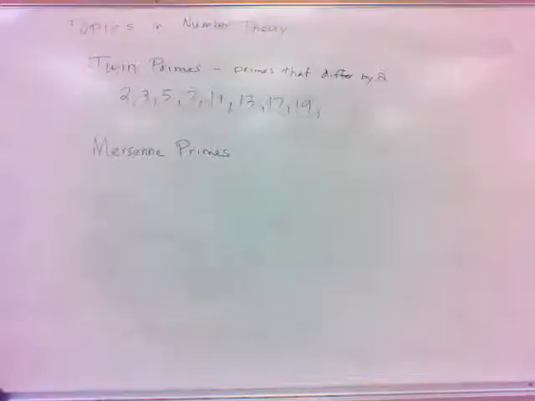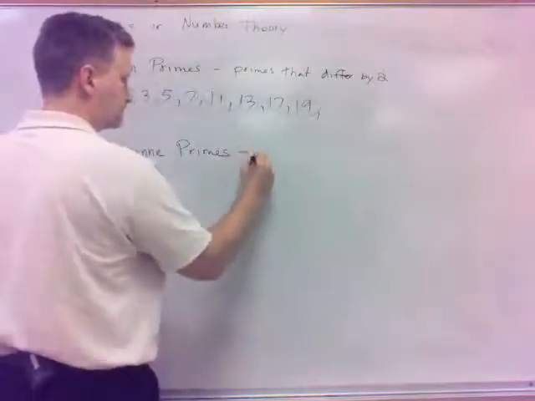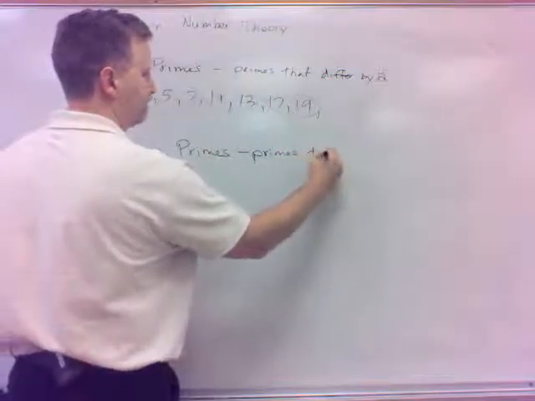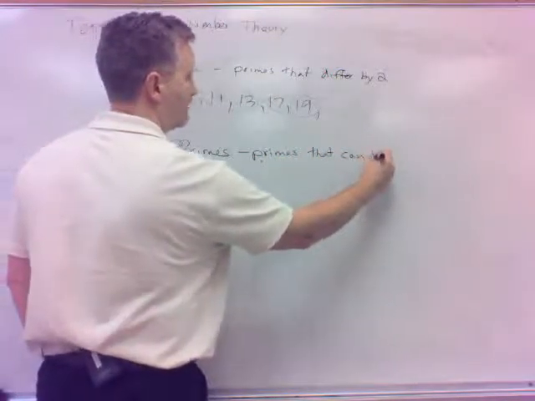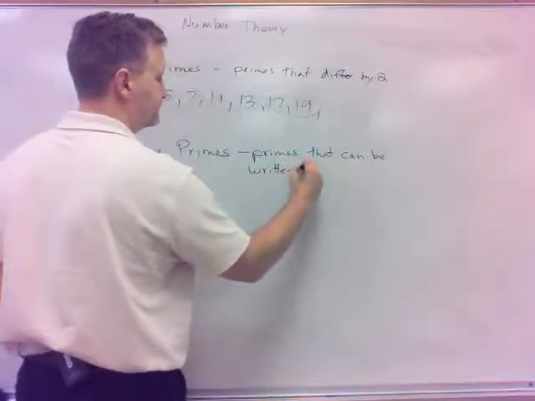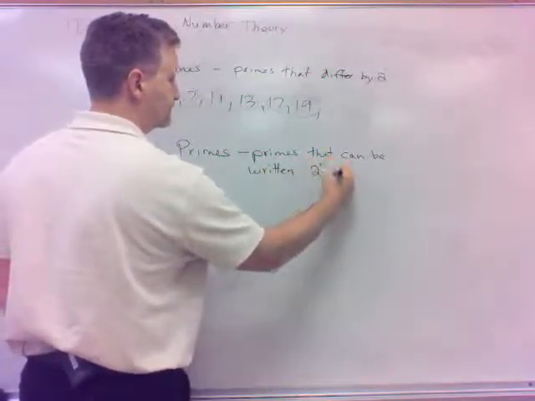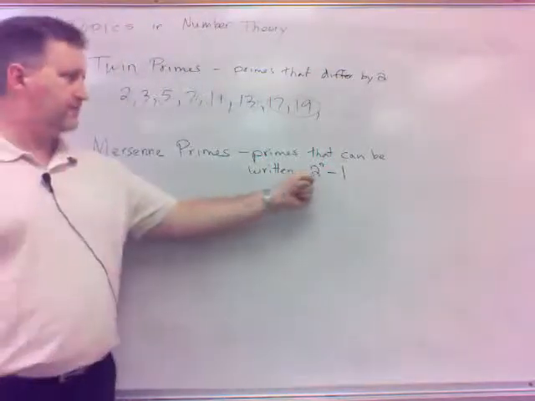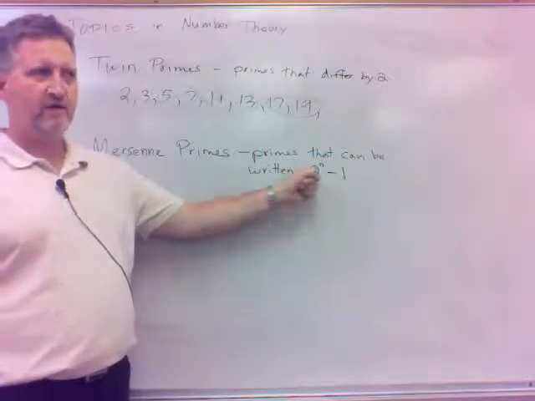Mersenne being a French last name, but anyway, Mersenne primes, they are primes that can be written in the form 2 to the n minus 1. In other words, these are primes that are a power of 2 minus 1.